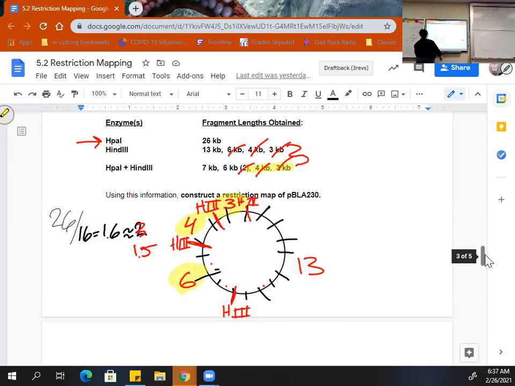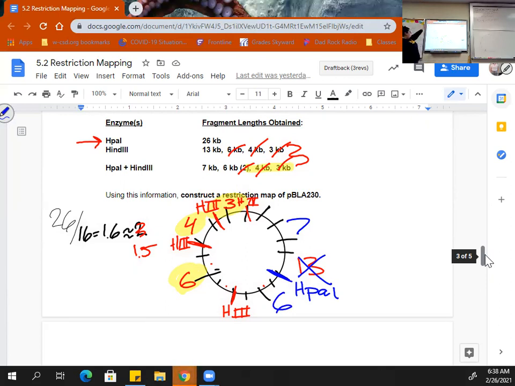So we know that we need to break our 13 up into 2 pieces, one that equals 7 and one that equals 6. And that is going to be about, so here-ish. So this isn't 13 anymore. This is our H cut. And this becomes 7 and this becomes 6.